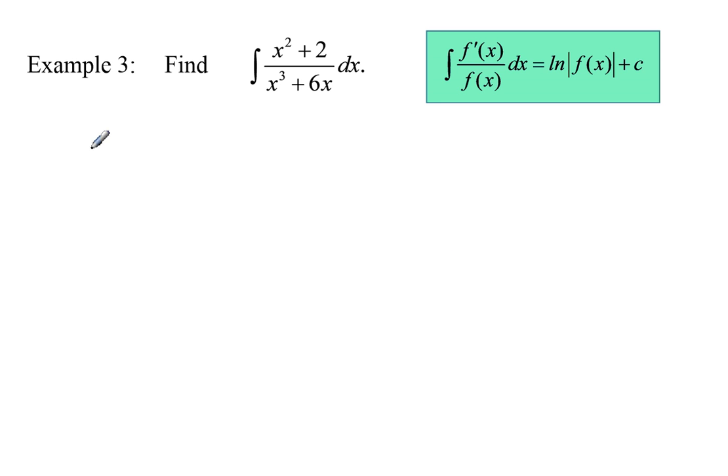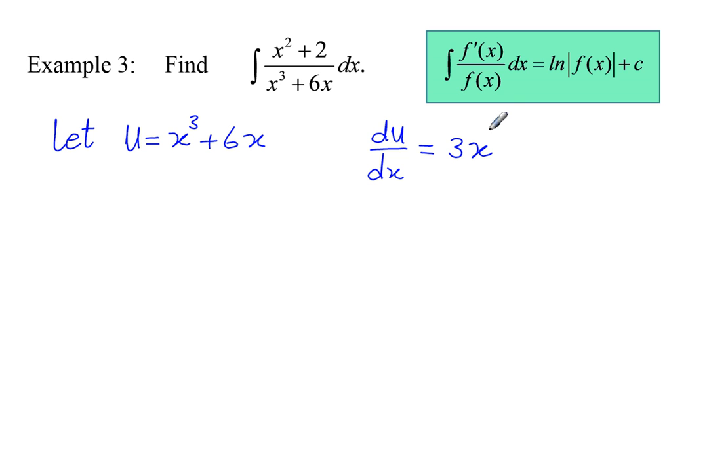Again, we are going to consider a substitution. Let u be the denominator, which is the bigger expression here, or the expression of the higher order, so x cubed plus 6x, and therefore du by dx equals the derivative of this, that's 3x squared plus 6.